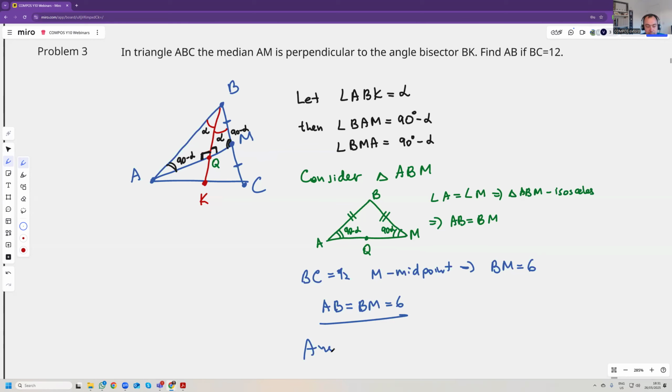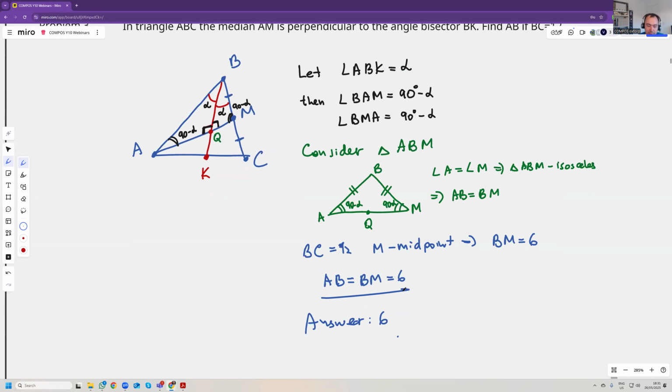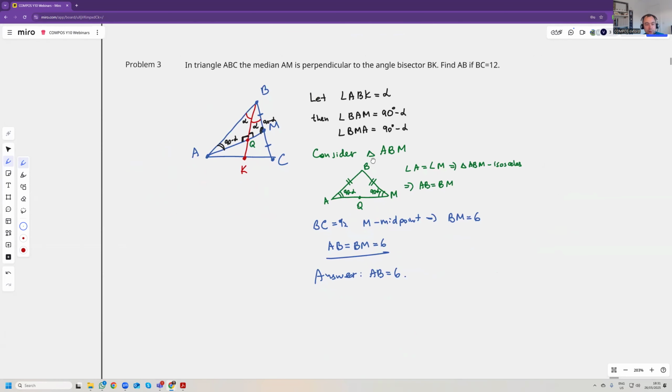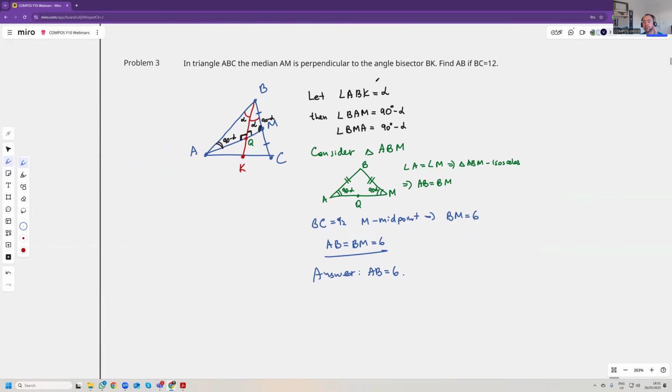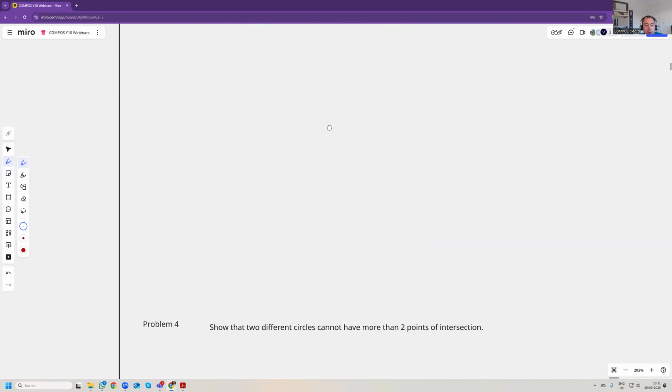So the answer is 6. Okay, AB is 6. I hope that makes sense. And let's move on. So this is approximately the way. You don't have to follow the rule, but you have to explain every step. When you're doing geometry questions or Euclidean geometry, you have to explain every step of why this is.